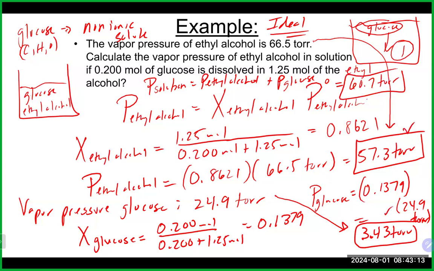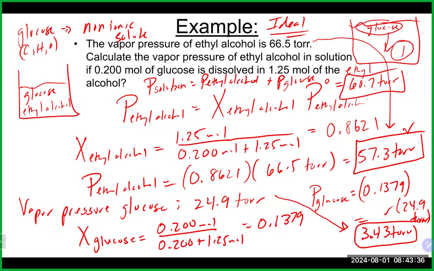So you can figure out the vapor pressure of both components within a solution if it's an ideal solution. And you could add both of those vapor pressures together for each of the components, and that will give you technically the overall vapor pressure of that particular solution based on those components that are within there.